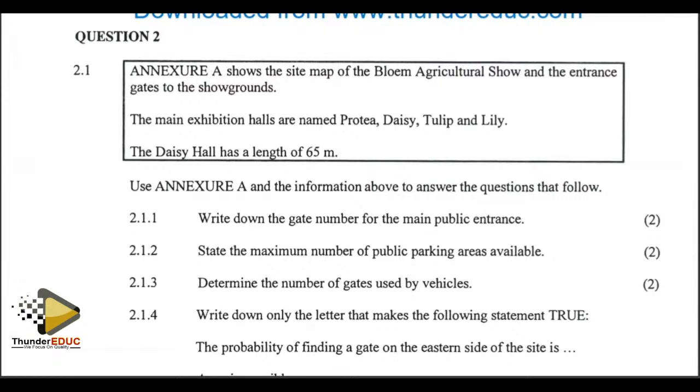Question 2. Annexure A shows the site map of Bloom Agriculture Show and entrance gates to the showground. The main exhibition halls are named Protea, Daisy, Tulip, and Lily.